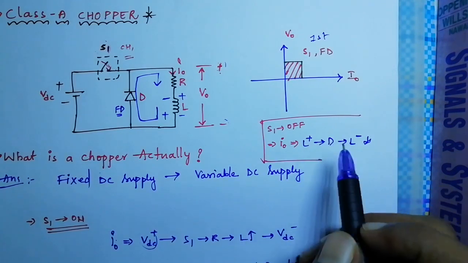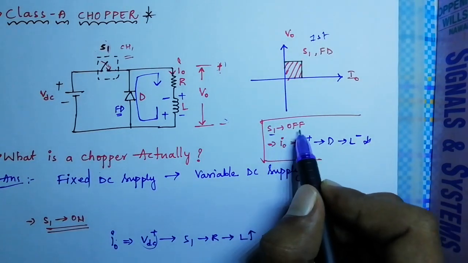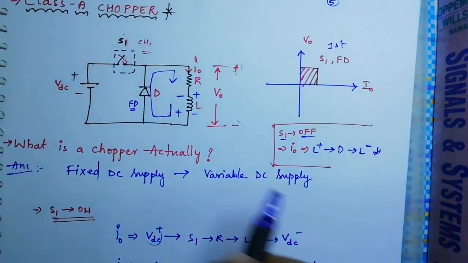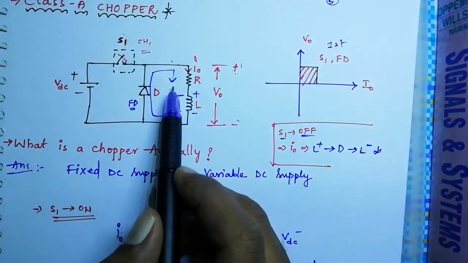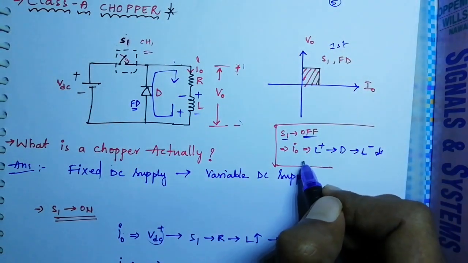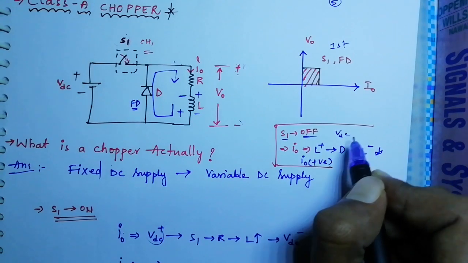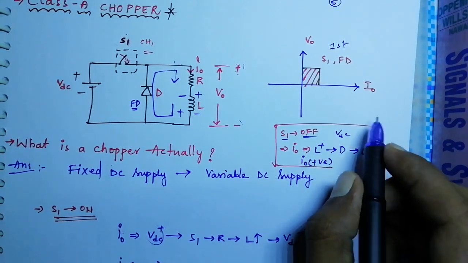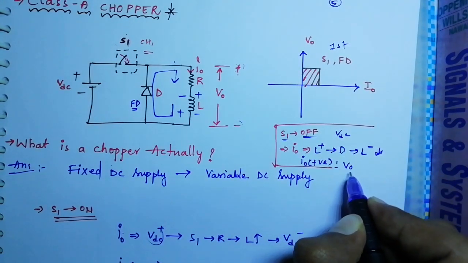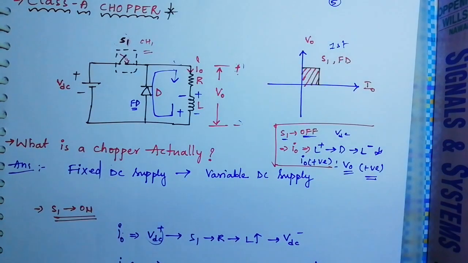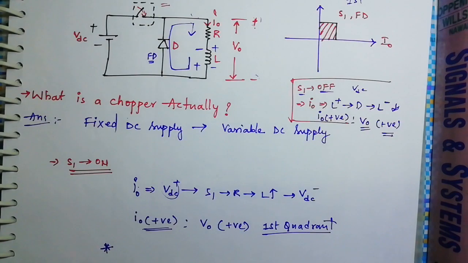So this is the current direction when switch S1 is turned off. Here also, if you observe, the current is flowing in the same direction as before. So I0 is again positive. As there is no VDC term involved in the current direction, we need not talk about the output voltage. It will definitely be positive. So in this way the class A chopper will operate.